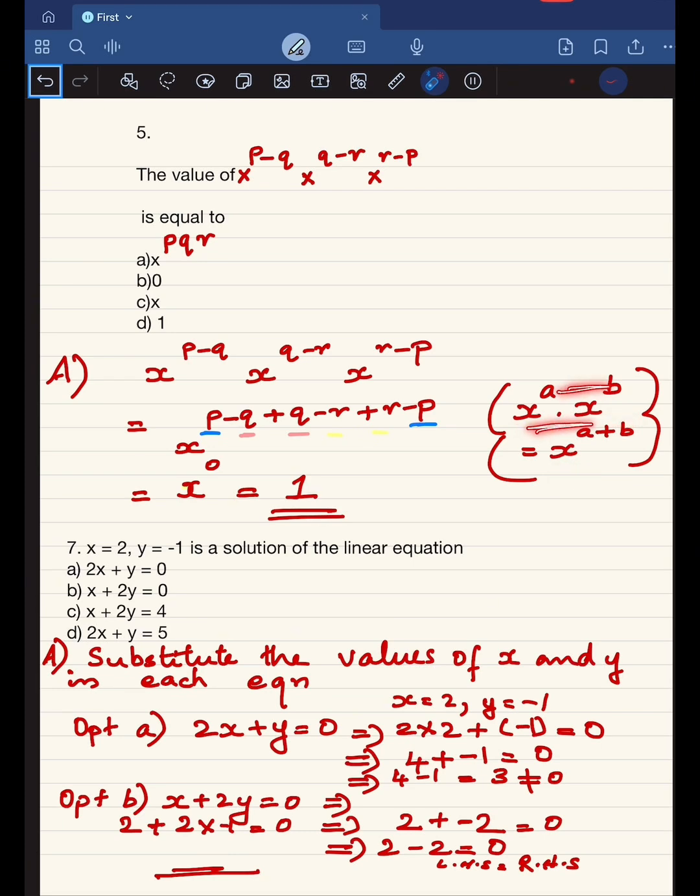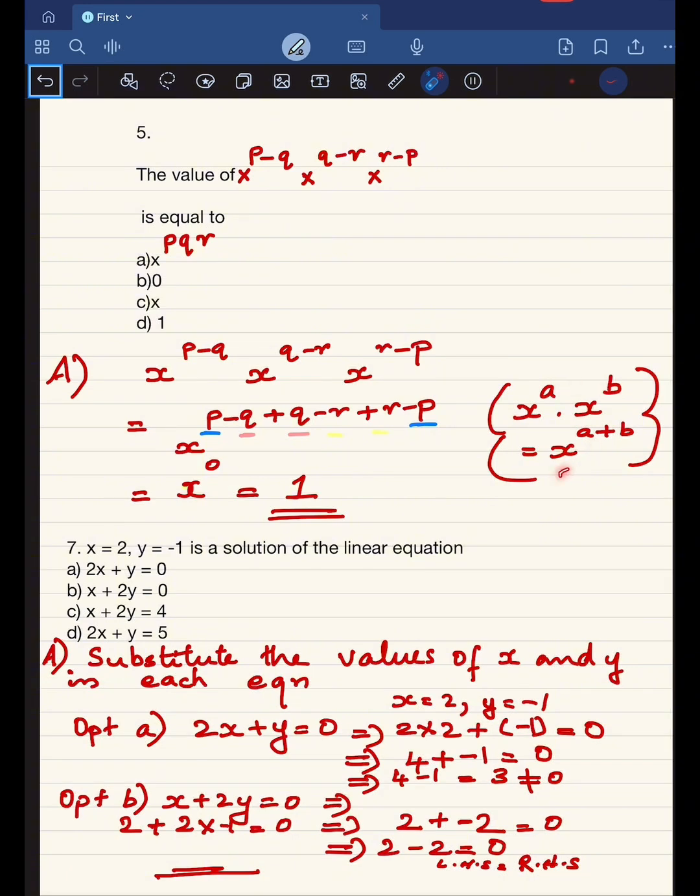If there is multiplication, we should add the exponents, we should add the powers. The base is the same and we should add these powers, x raised to a plus b.